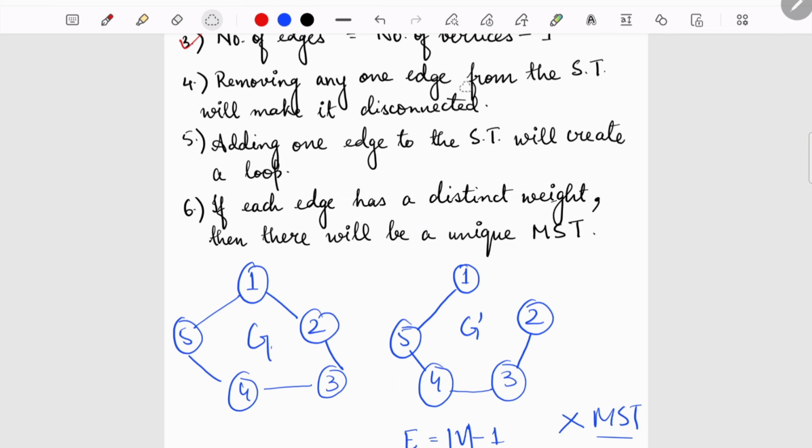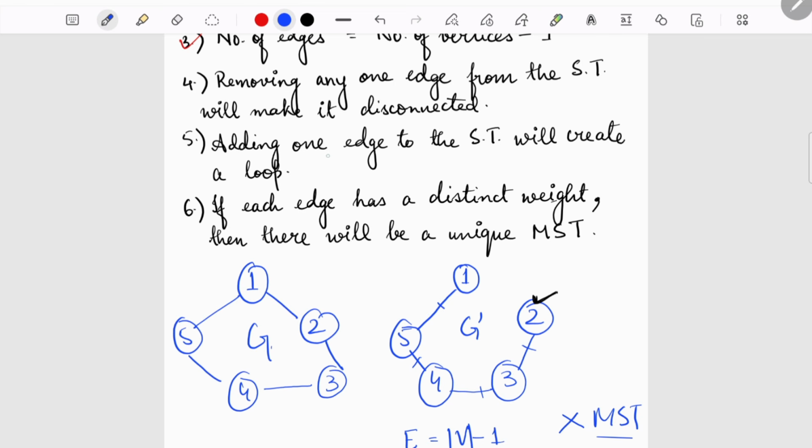If we remove this particular edge, the graph becomes disconnected, because this particular vertex is disconnected from the rest of the graph. This is one edge, this is another edge, this is the third, and this is the fourth edge. Any one edge you remove, the graph is going to become disconnected.